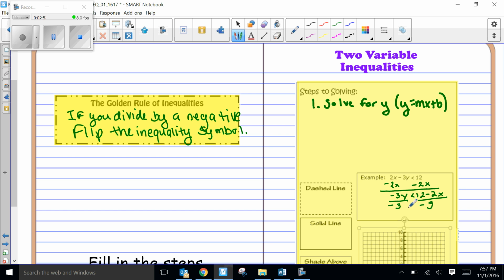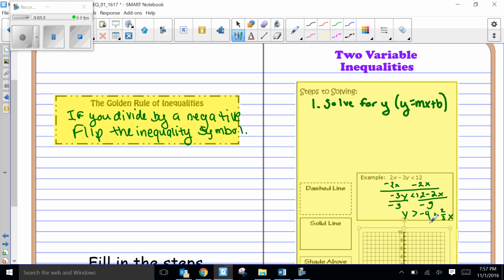Okay, so we're going to divide by negative 3. So I have y left on the left side, and now my inequality symbol is no longer less than. It is now y is greater than, because I'm dividing by a negative 3. My 12 becomes negative 4, and my minus 2x is going to be plus 2/3 x.